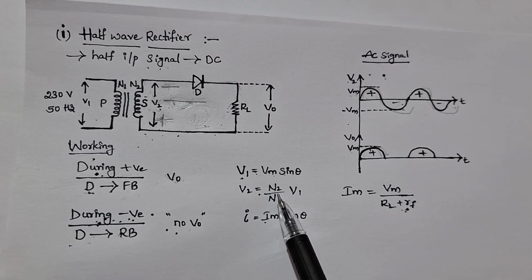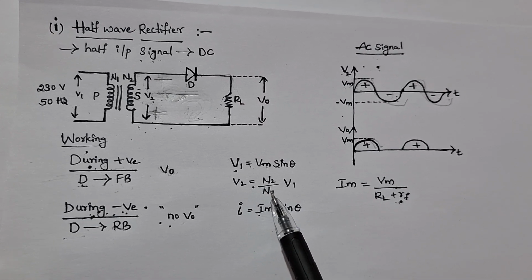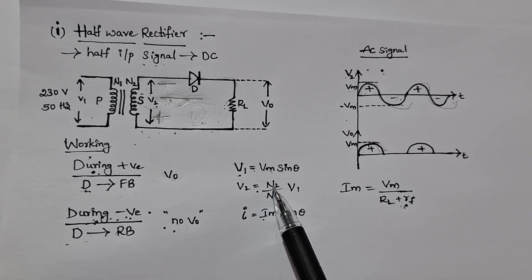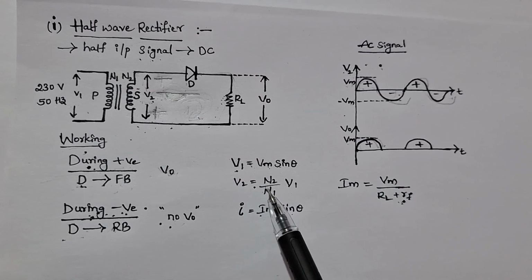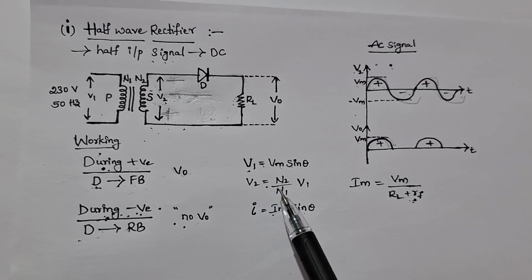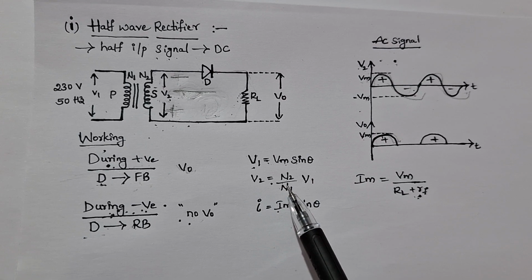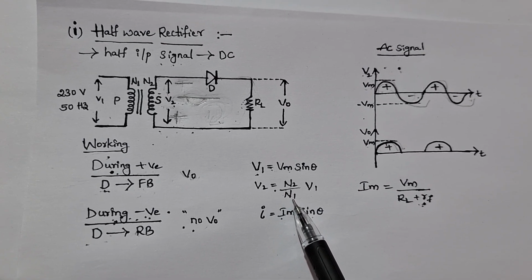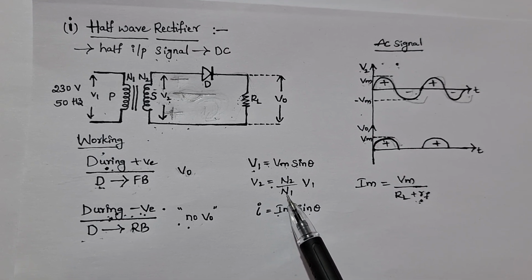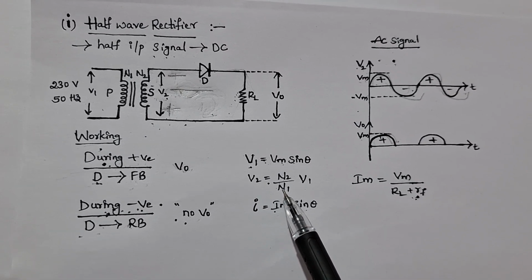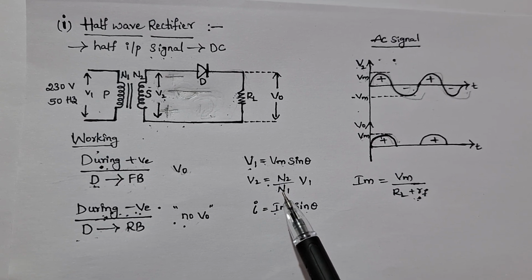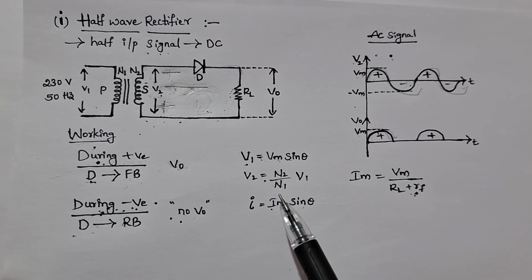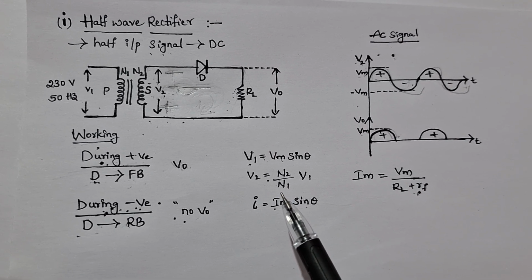So if N1 is greater than N2, the transformer will act as a step down transformer. If N2 is more than N1, which means the secondary coil turns are more than the primary coil, in that case the transformer will act as a step up transformer.